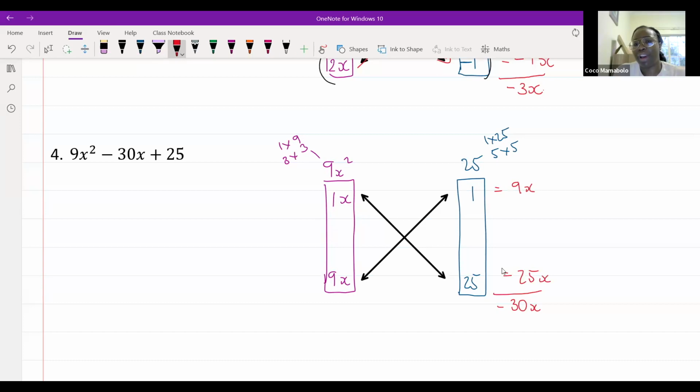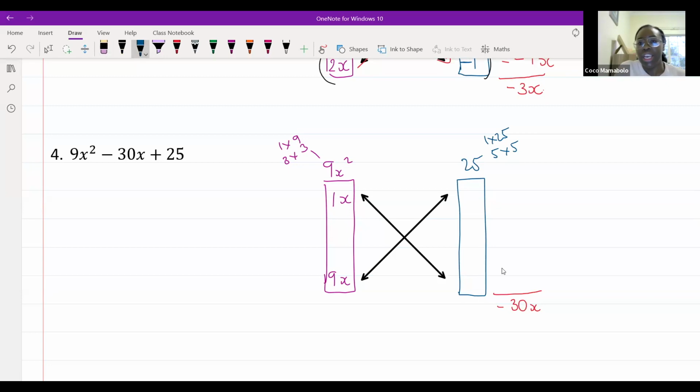Okay, 25 minus 9 would give us 26. Nope, we've missed it. The other way around, 9 times 25, that doesn't work. If we swap these around, that's going to be 9 times 25, which is something like 200 and something. Nope, it doesn't work. So we're not even going to try that.